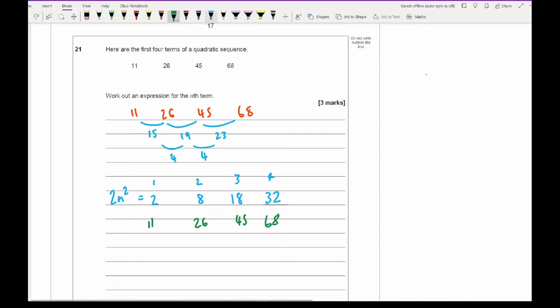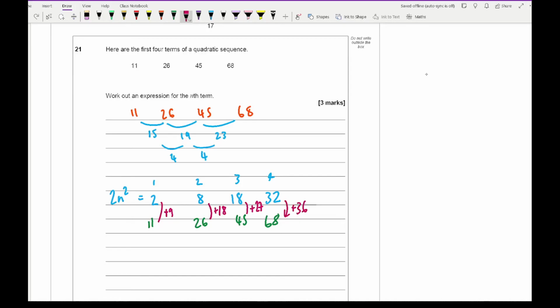Looking at the difference, that's going to be plus 9, plus 18, plus 27, and then plus 36.